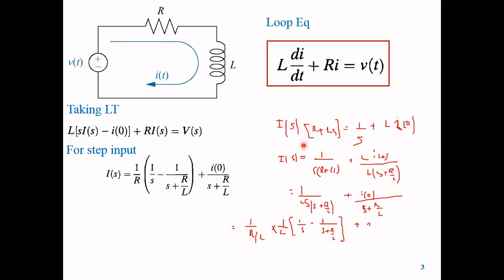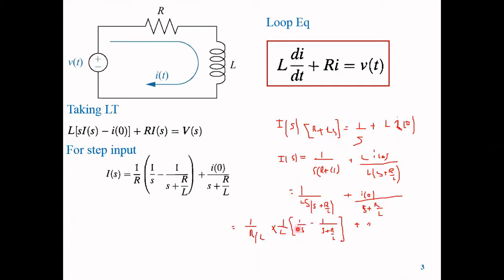Dividing with R plus Ls here and here, we get the I(s) term on the left hand side. From here we can take the inductance L common, and we get s plus R over L. From here this L will be cancelled, so this term will remain here.